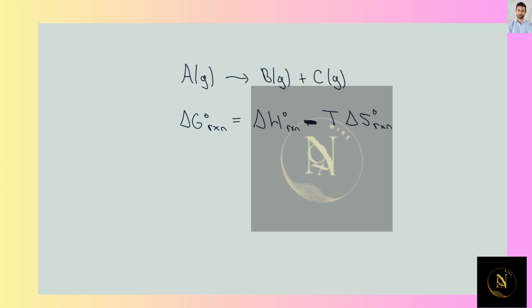So for this reaction, for example, we know that delta H of the reaction is going to be equal to delta H naught of formation of B as a gas plus delta H naught of formation of C as a gas minus delta H naught of formation of A as a gas. So, for example, if they provide to you the heats of formation for A and C, one possible question would be to calculate the delta H of formation for B.